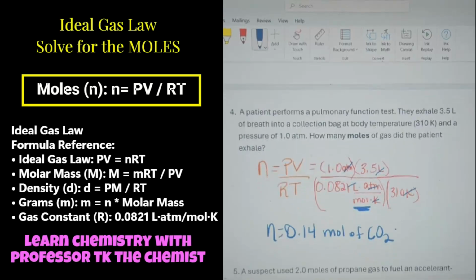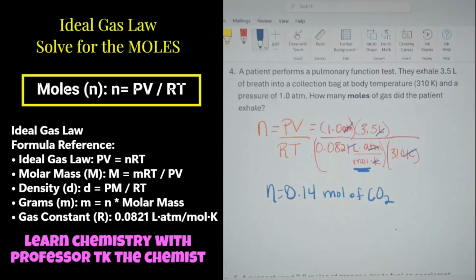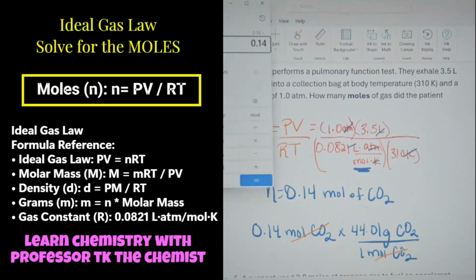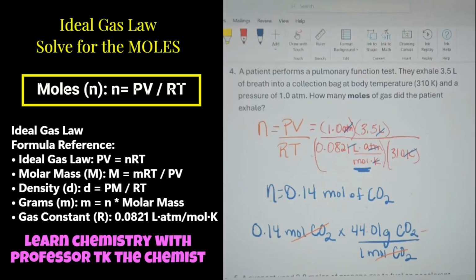So if I ask you to calculate the gas in grams, you would take that 0.14 moles of carbon dioxide, and use the molar mass from the previous problem, divided by 1 mole of carbon dioxide, and cancel out the units you don't need. If you plug that in, 0.14 times 44.01, you end up with 6.2 grams of carbon dioxide.